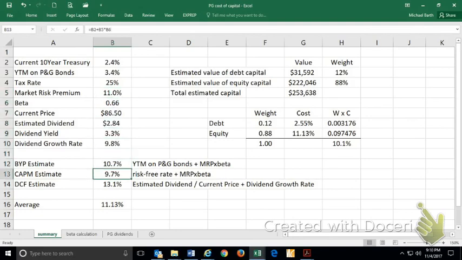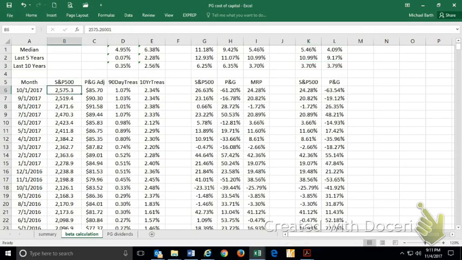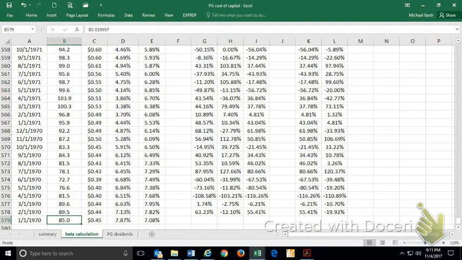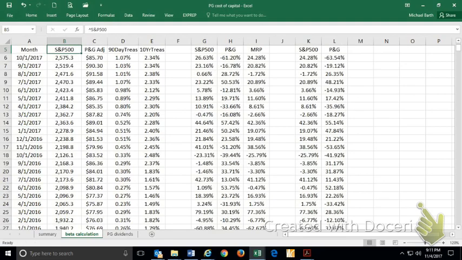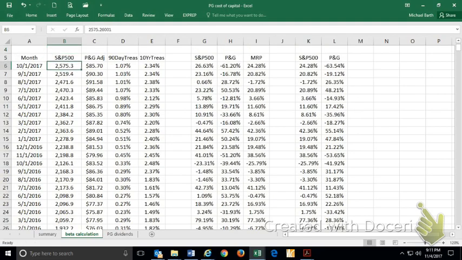If I'm trying to do discounted cash flow, I've got to make an educated guess of the dividend growth rate, and I'll show you where those numbers came from. First, the beta. Beta is pretty simple. I gathered data from Morningstar on the S&P 500 stock index, which we use for a host of mathematical reasons, and I only have data going back to 1970, so that's 47 years of monthly returns, and I have 47 years of Procter & Gamble's adjusted stock price.